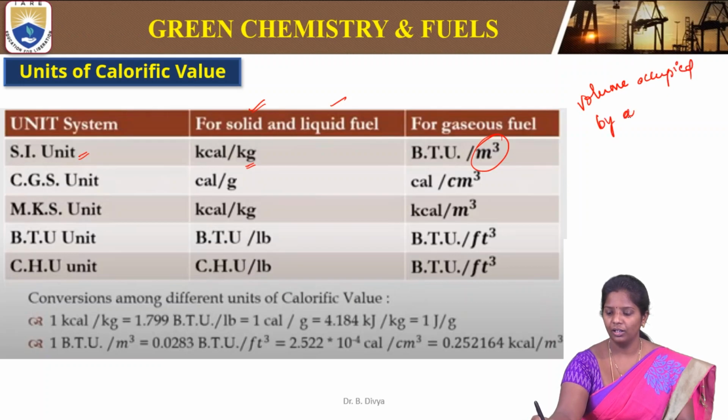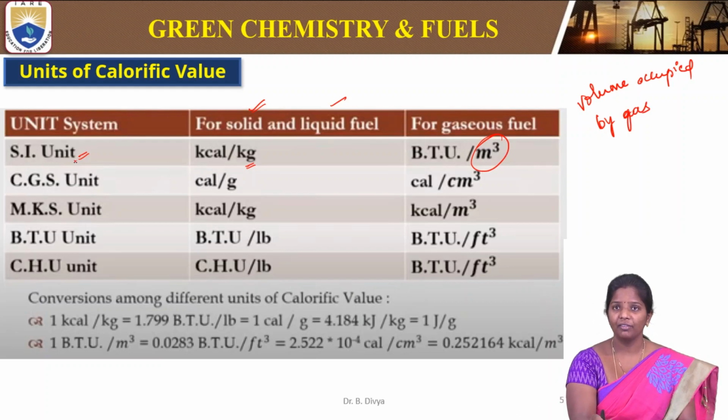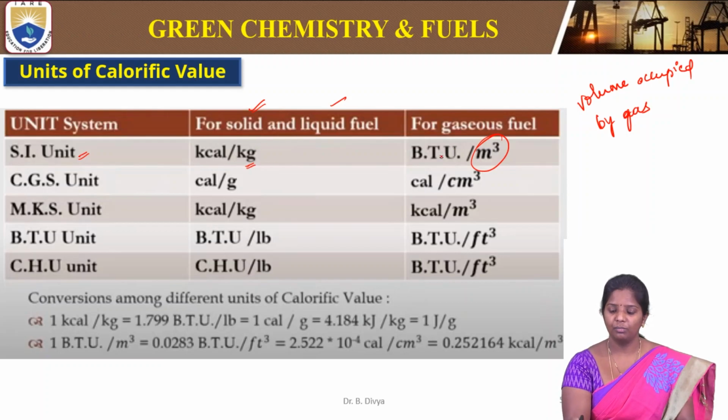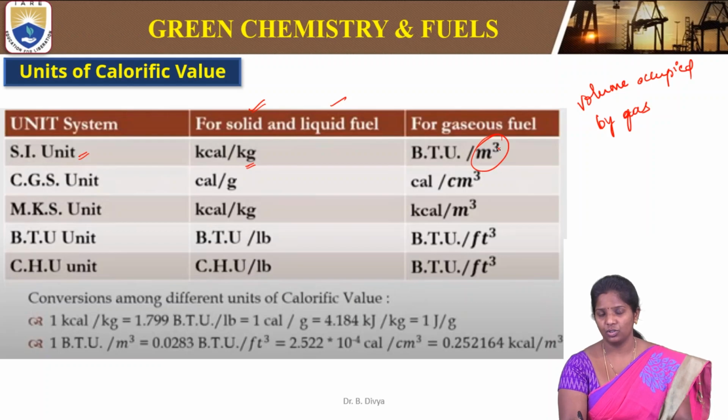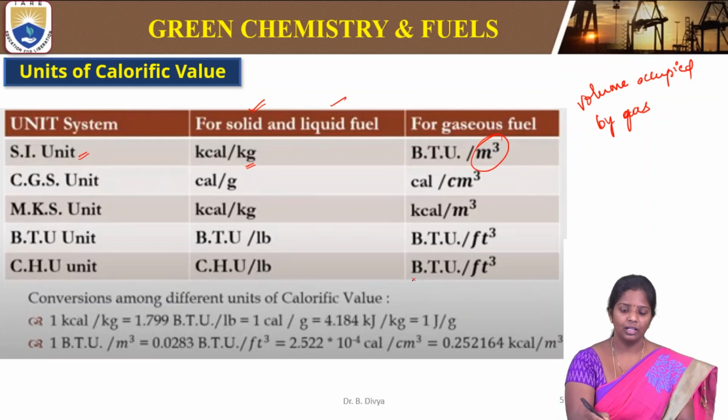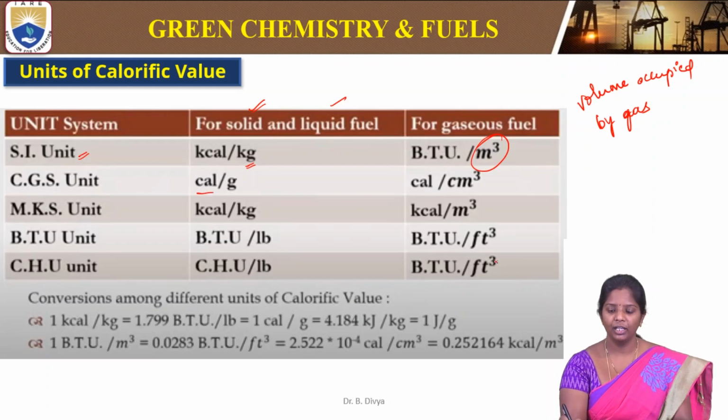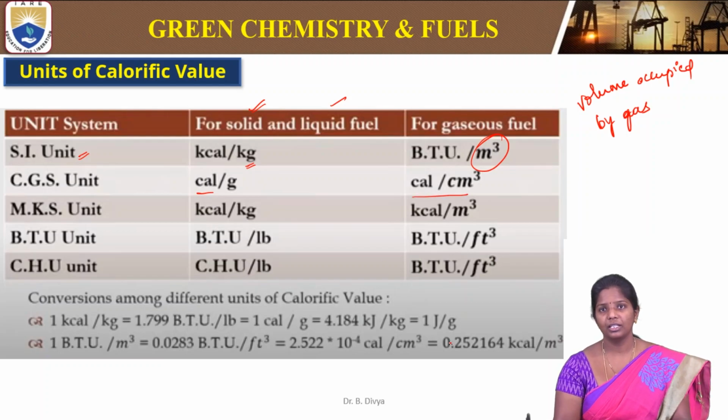So in the SI system, for solid and liquid fuels, kilocalories per kg, and for gases, BTU per cubic meter. In the CGS system, it is calories per gram and calories per cubic centimeter.